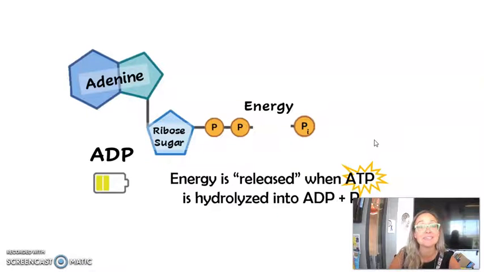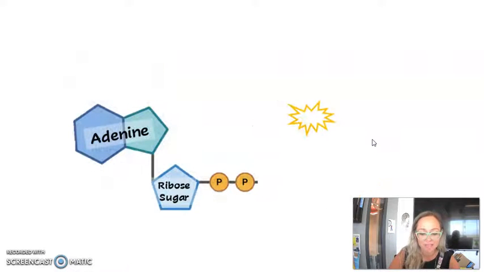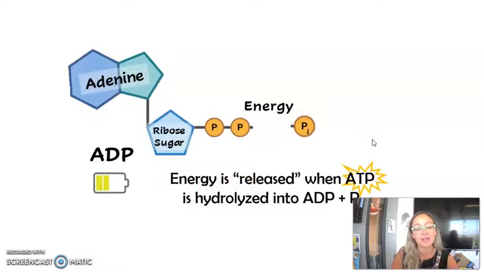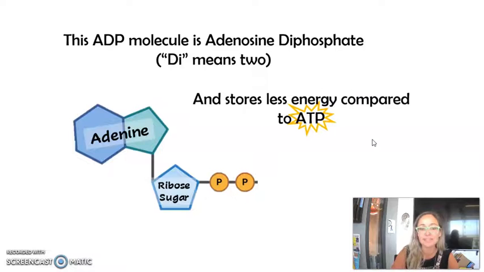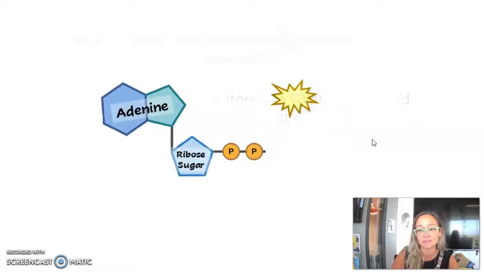ADP, adenosine diphosphate, does have some potential energy between that first and second phosphate. So it's a kind of battery with a little bit less charge. But here, this molecule is adenosine diphosphate with just 2 phosphate groups. Now, there's less energy compared to ATP.